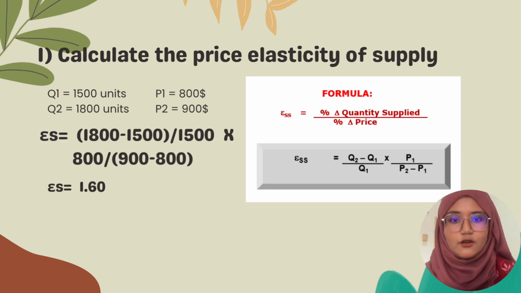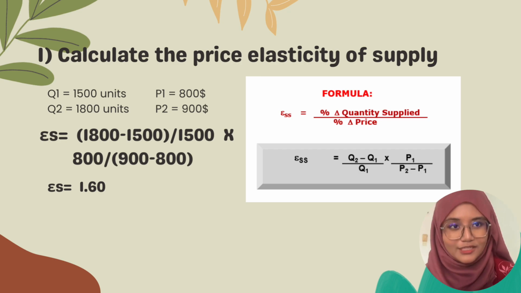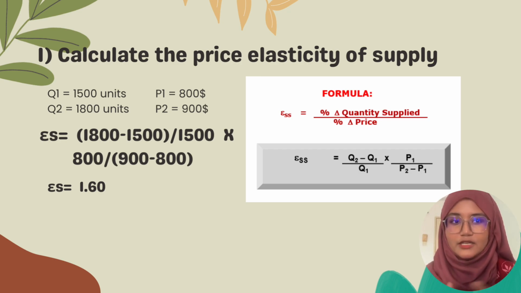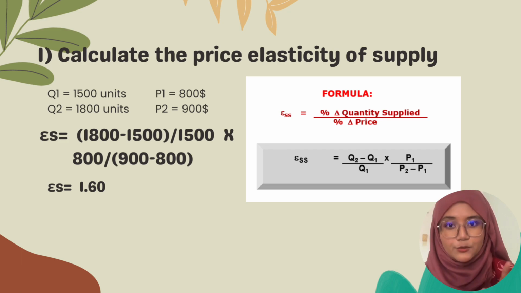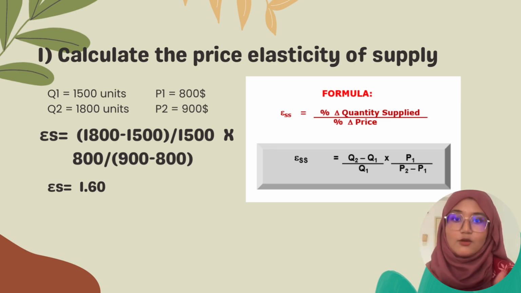Moving on to the first question, which is to calculate the price elasticity of supply, I'm using the formula: Q2 minus Q1 over Q1, times P1 over P2 minus P1. For Q1, I put 1,500 units, and Q2 is 1,800 units, P1 is $800, and P2 is $900, where Q is the quantity and P is the price.